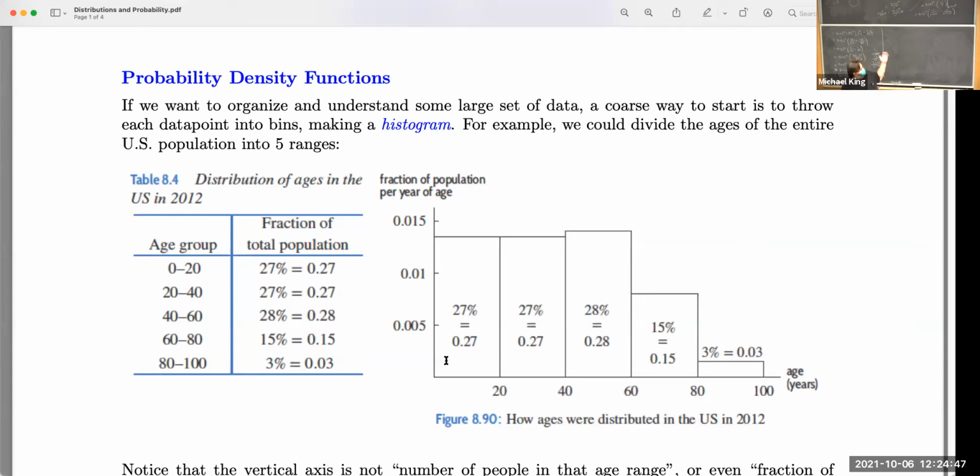Because it would be that area divided by 20, I guess. But then the height of that box would actually be that percentage of area. If we made a rectangle whose base was 1, then the height really would be the percentage. So that's why the y-axis is kind of strange in probability distribution functions. It's this kind of manufactured thing just to make the area underneath 1.